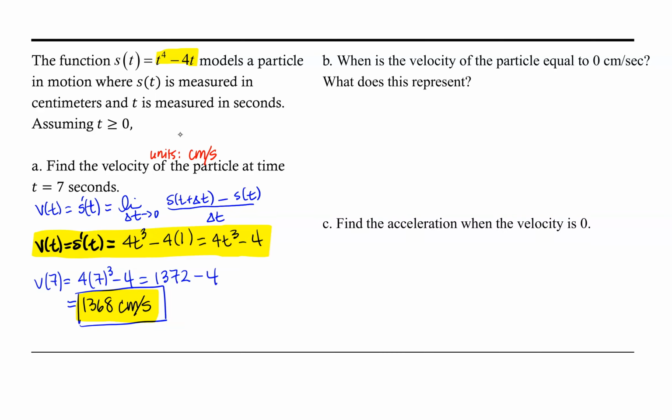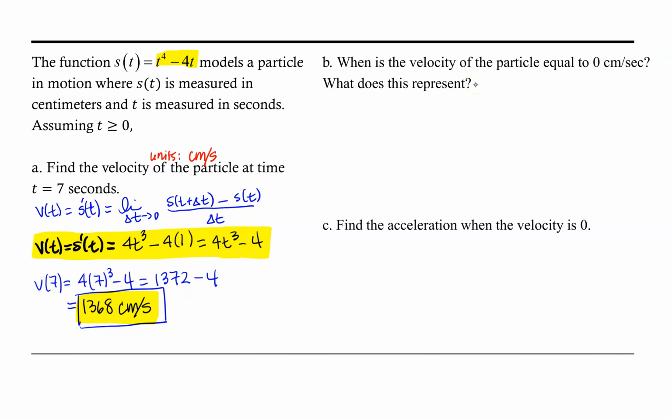Okay, now next we're asked, when is the velocity of this particle equal to 0 centimeters per second? And what does this represent? So we want to find when our velocity, v of t, which is equal to 4t cubed minus 4, equals 0. Well, I can see that I have a common factor of 4.